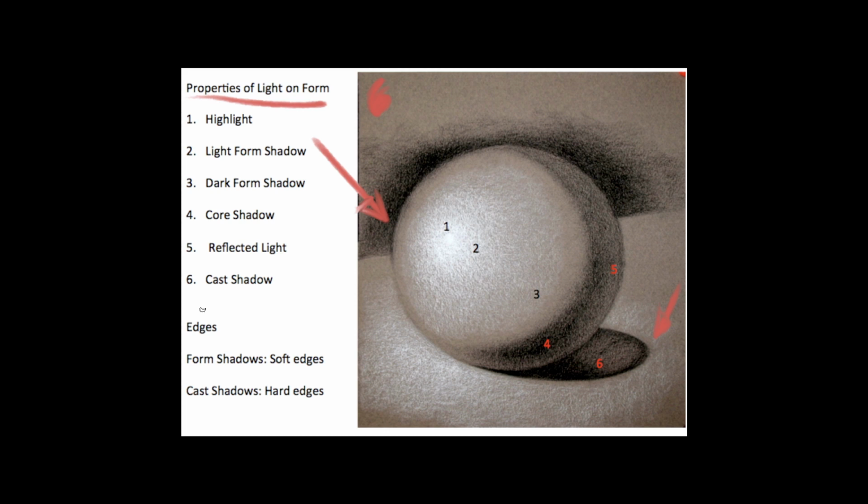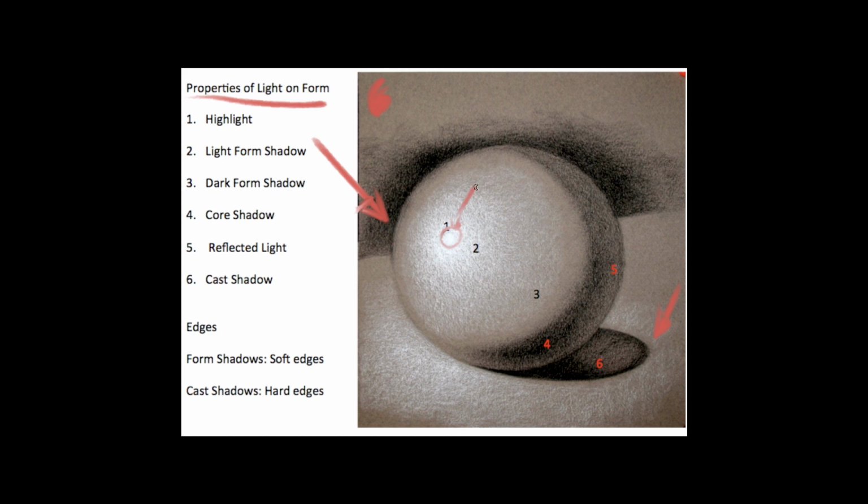Now the first one is highlight, and that's number 1. This really shiny area right in through there, that's highlight. That is the brightest, hottest, if you will, area of light hitting that surface, and it bounces back from that surface at about 45 degrees. So a highlight hits a surface object at about 45 degrees to give you that bright, shiny area.